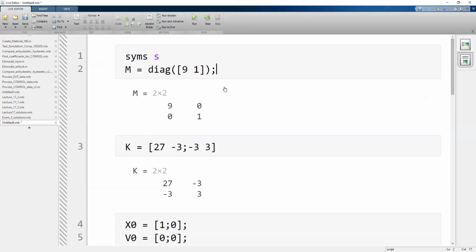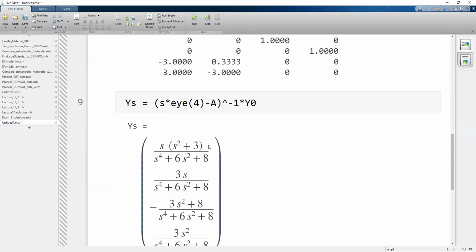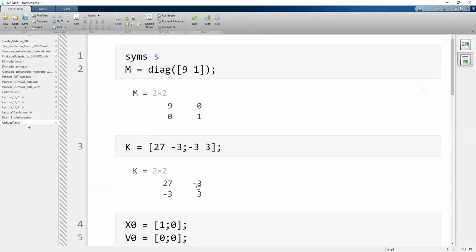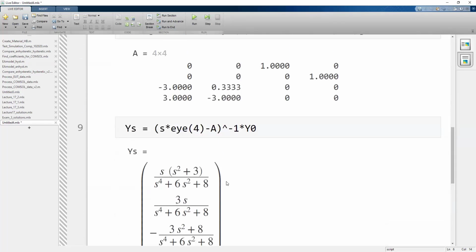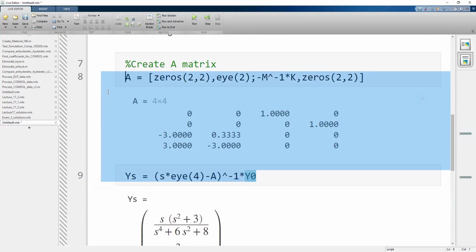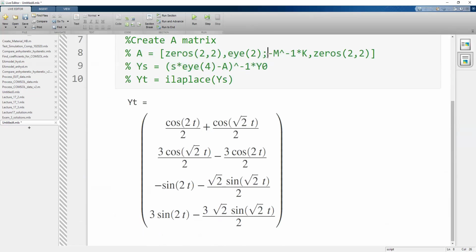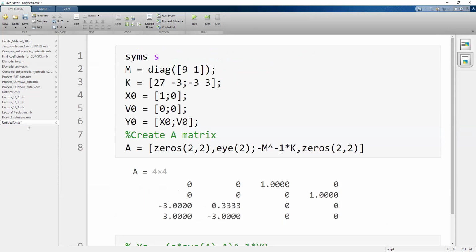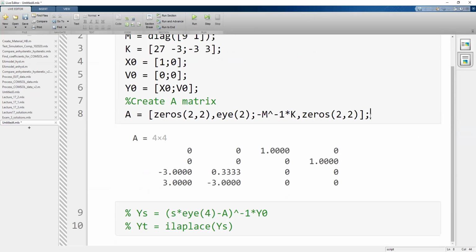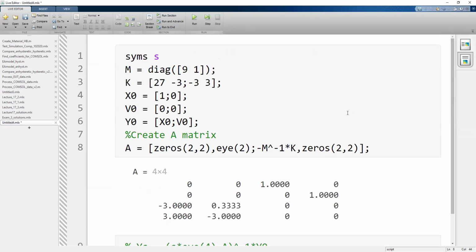Let's put a K, X naught. All right, so we have this A matrix here. I think that's for example number 2.